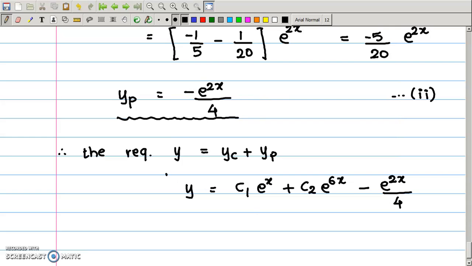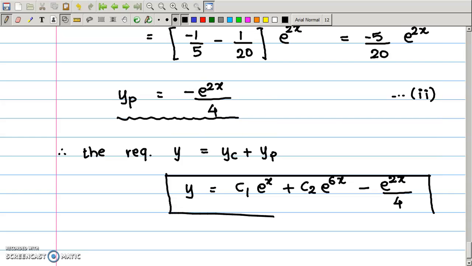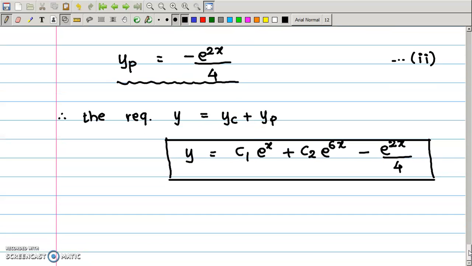So this is the required general solution. Okay, so in this way we can find the general solution by calculating the particular integral by using the general method. Thank you.